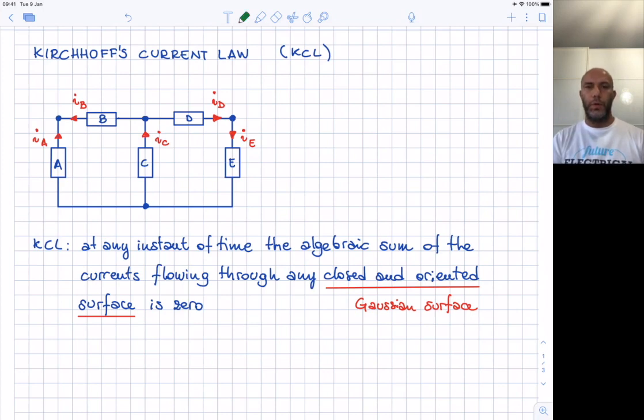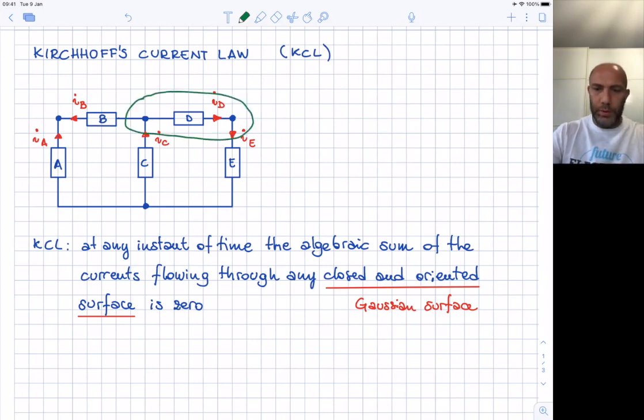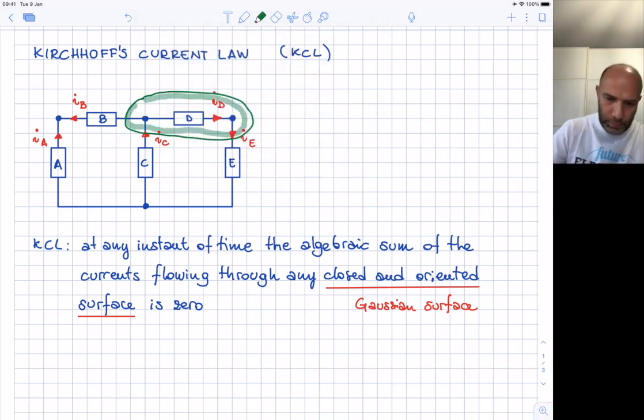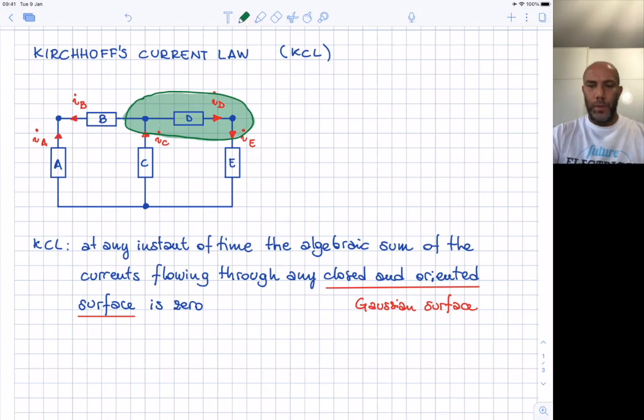Let's consider, for example, a generic Gaussian surface that is touching the circuit that we have here, for example, this one. And let's assign to this surface an arbitrary orientation. For example, we use the unit vector that is pointing outwards.